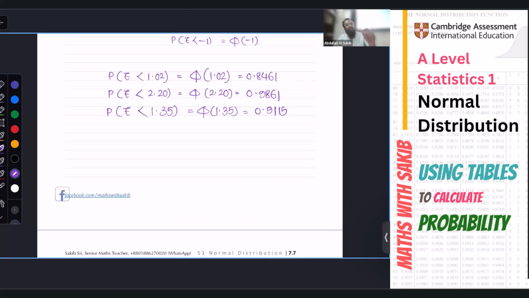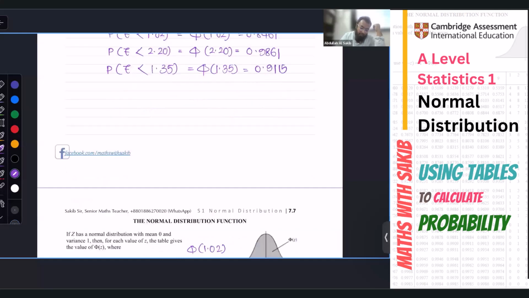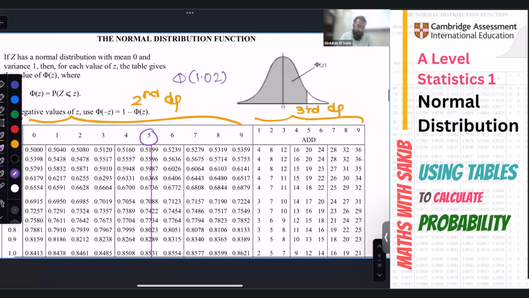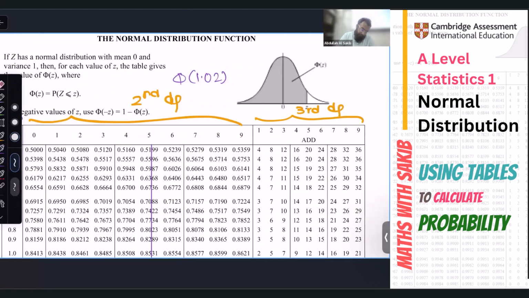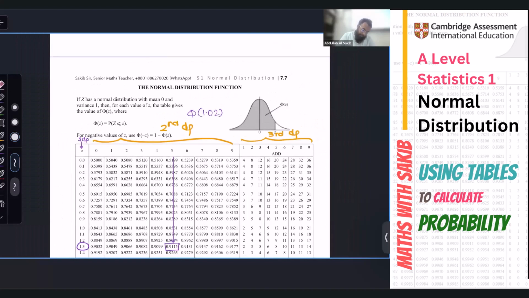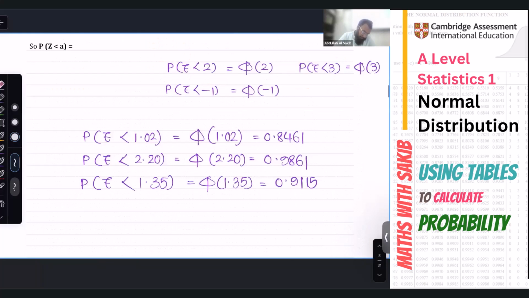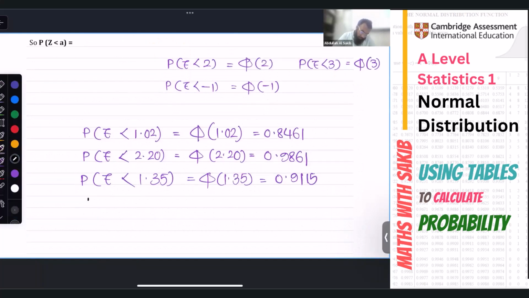Now, if there is a third decimal place, in the table we are going to add the probability. Suppose we want to find the probability of Z that is less than 1.234. We have a third decimal place. That means we have to find phi 1.234. Here, the less than area is always represented as phi. Clear?